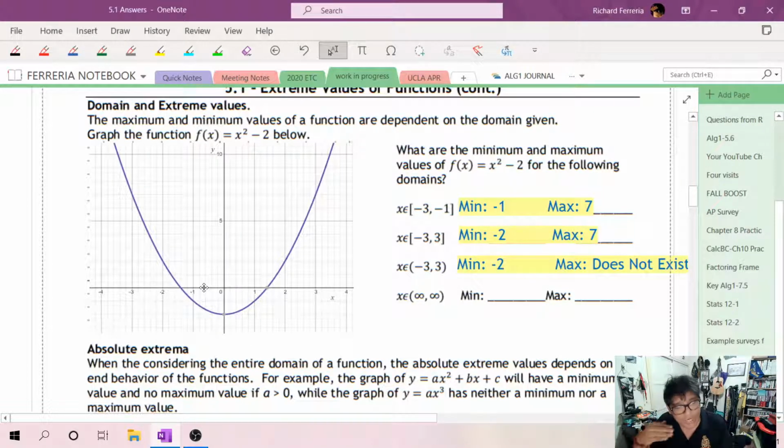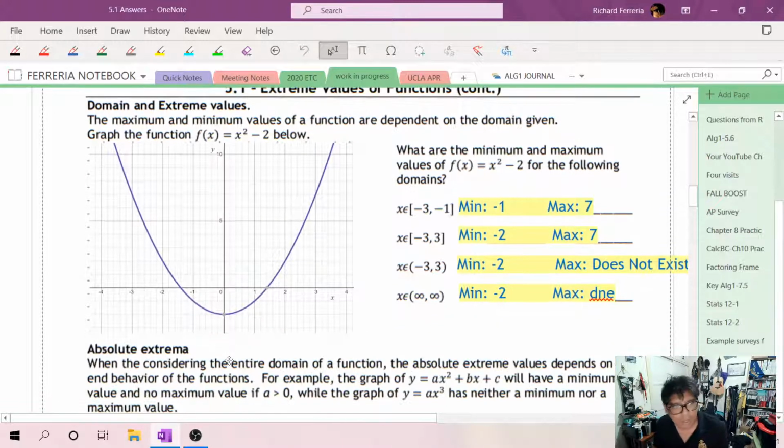You can always get a bigger number in the y-coordinate. You just have to put in a bigger value in the x-coordinate. So here, the minimum value is negative 2, and the maximum value does not exist. Whenever you need to write does not exist in this class, you can just write D-N-E, and that's does not exist.